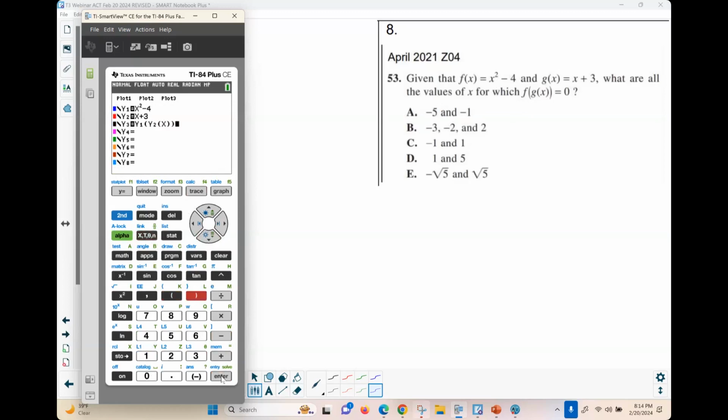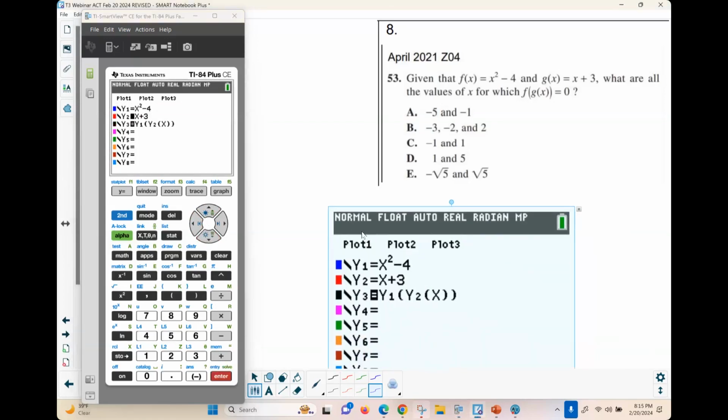And I really don't need y1 and y2 graphed. So I'm going to turn those off by pressing enter on the equal sign. And so this is what I've got in my y equals. Let me just double check, make sure I did this correctly.